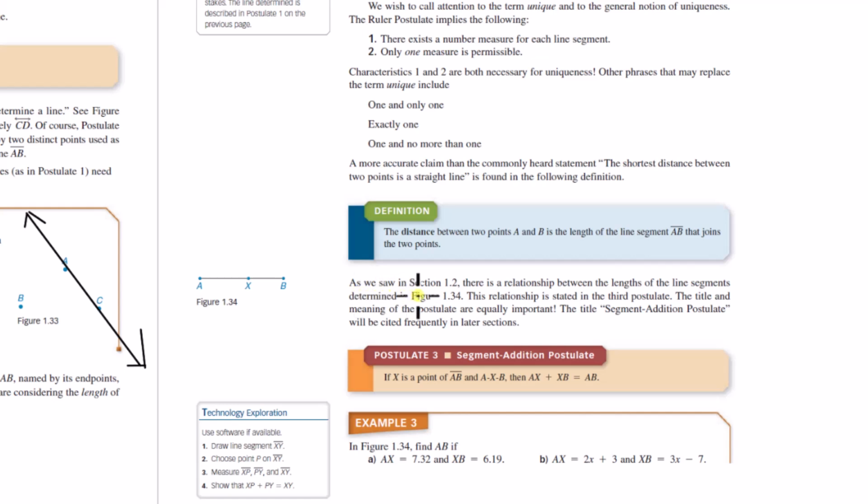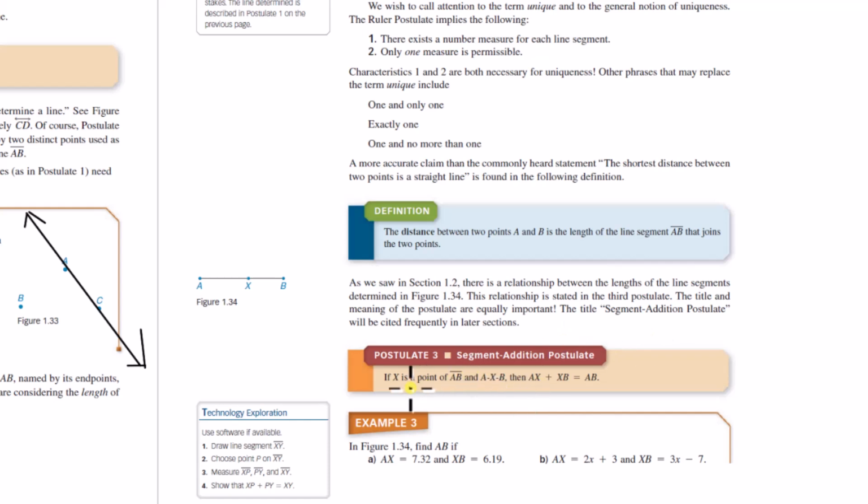All right, as we saw in section 1.2, there's a relationship between the lengths of the line segments determined in figure 1.34. Here, this relationship is stated in the third postulate. The title and meaning of the postulate are equally important. The title, segment addition postulate, will be cited frequently in later sections.